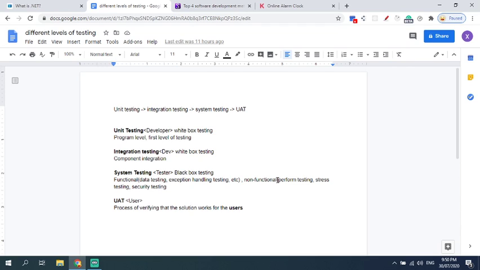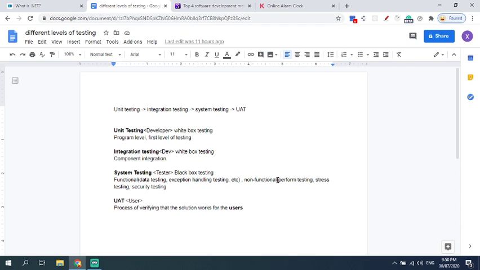Integration testing is also implemented by the developer, and it is a white box testing because all the code in the different functions that require integration is obvious for the developer. Therefore it is a white box testing, and it's mainly focused on component integration.